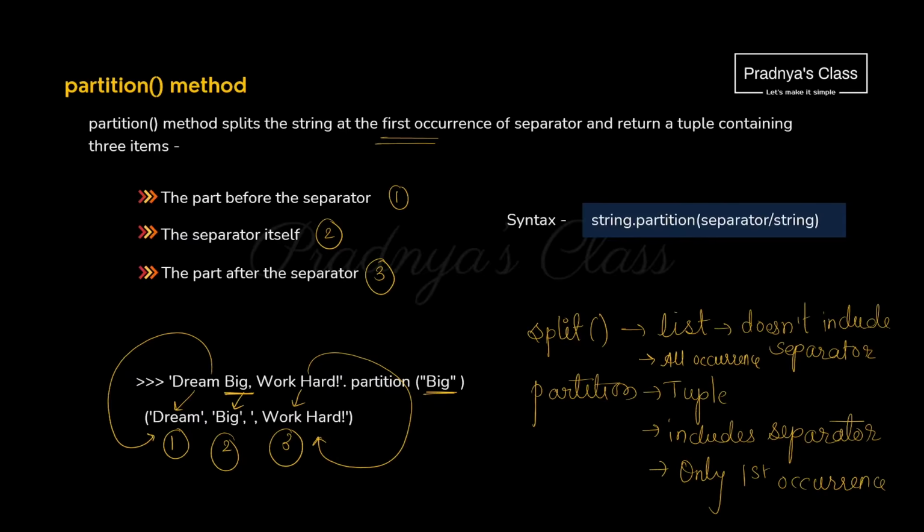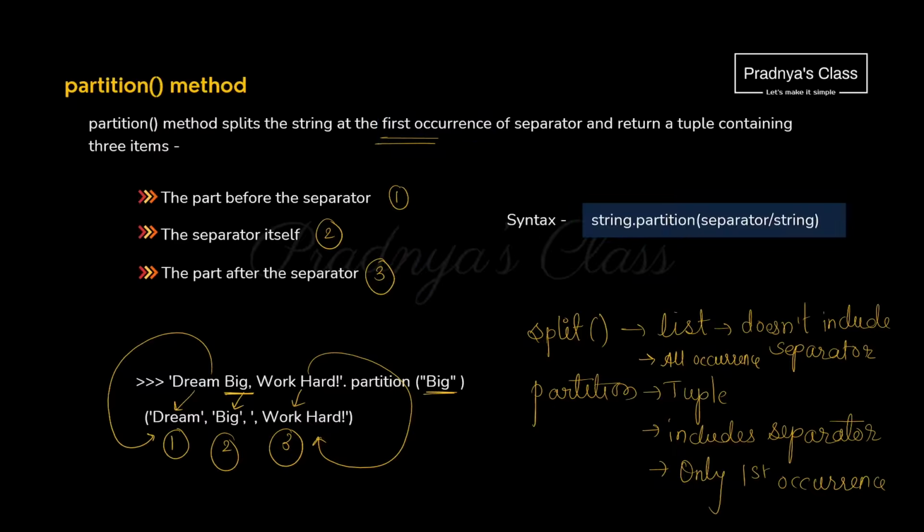For splitting, we have one more option, the partition method. Then what's the difference? Here is the first difference. It will check only the first occurrence and the result will be in the form of a tuple. In split, we get a list, but in partition, we get a tuple. That too, you will get only a 3-element tuple. What does it mean?